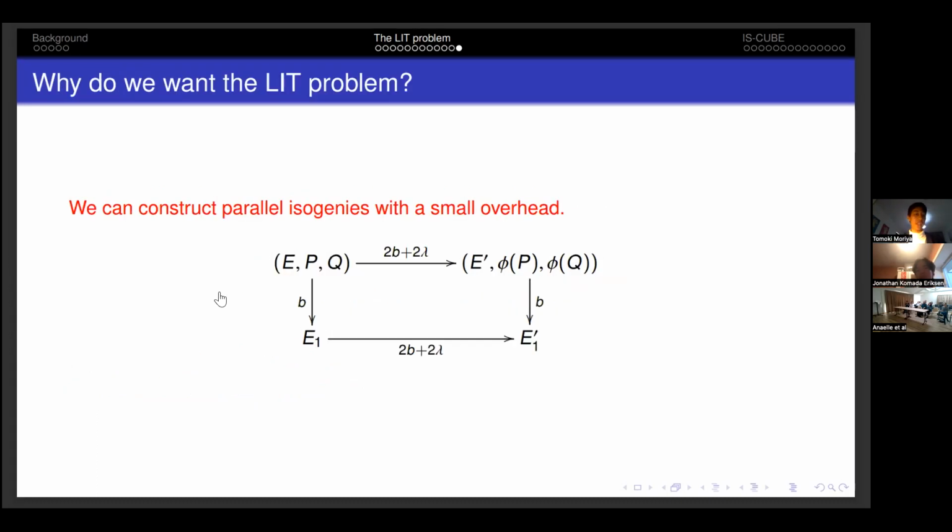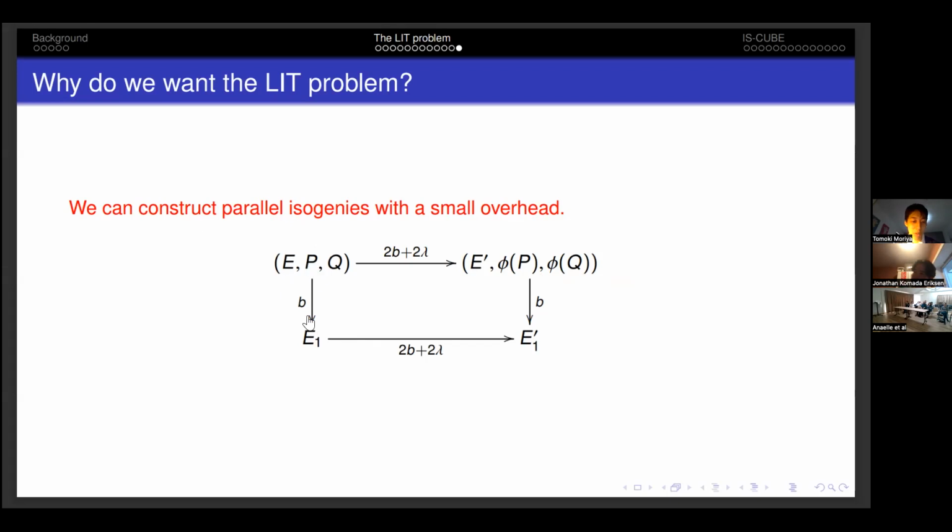Okay, then finally, I want to say why I focus on the LIT problem. It is because we can construct the parallel isogenies with a small overhead. By the analysis, we know when P, Q are torsion points of order 2 to the B, we can compute the parallel isogeny here.